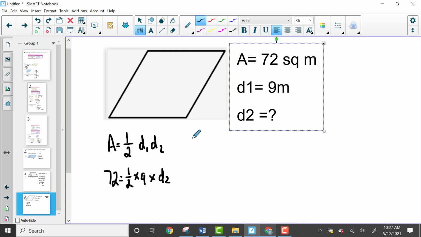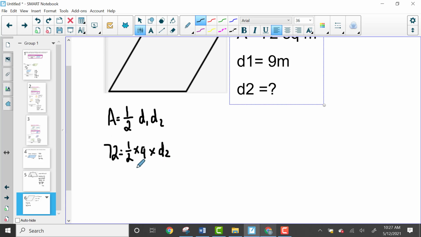So we work through this problem, and we solve everything to the right side of our equation. 1/2 times 9 is going to give me 4.5 times diagonal 2. And we have 72 equals 4.5 times diagonal 2.